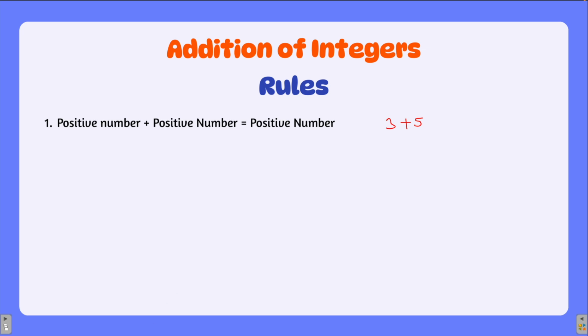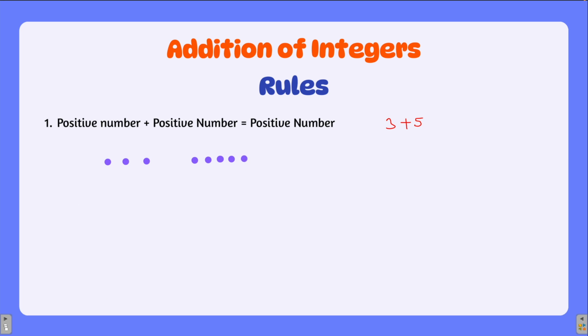These are blue colored balls and they denote positive numbers. So I make three positive balls. Along with that, I will make five positive balls, 1, 2, 3, 4 and 5.